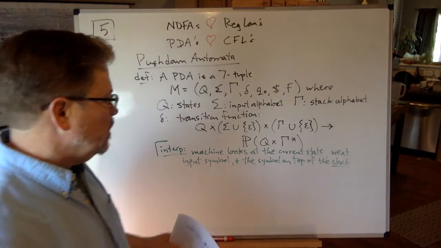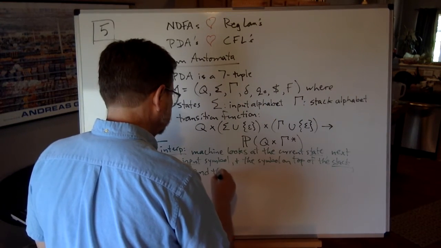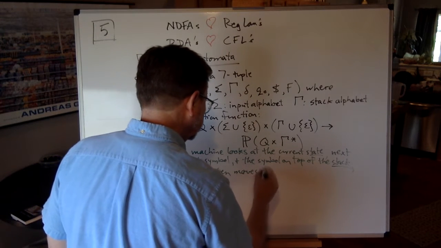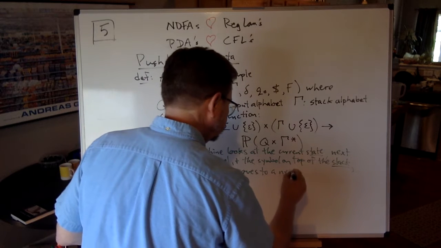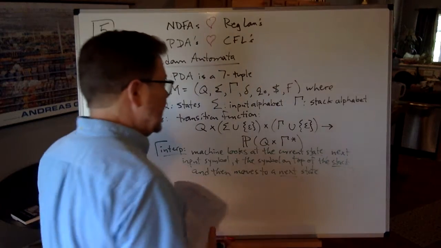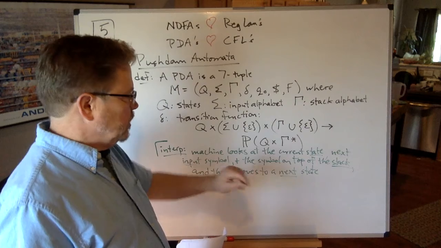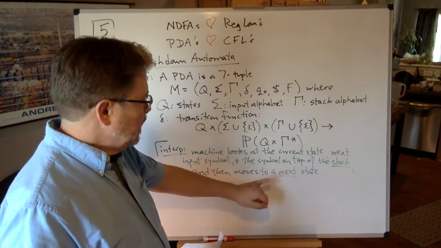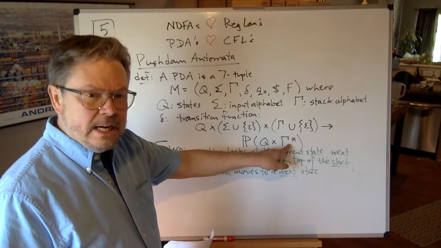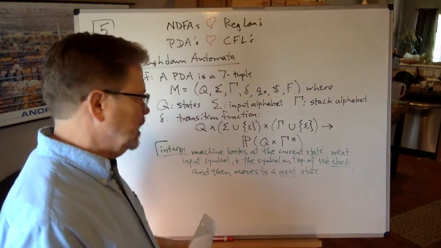So the machine looks at all that stuff and then moves to a next state. And here's the weird part. It replaces the single symbol on top of the stack. It replaces the top of the stack symbol with a string of stack symbols. That sounds really weird. Once we get into a few examples, that's going to make a lot more sense.